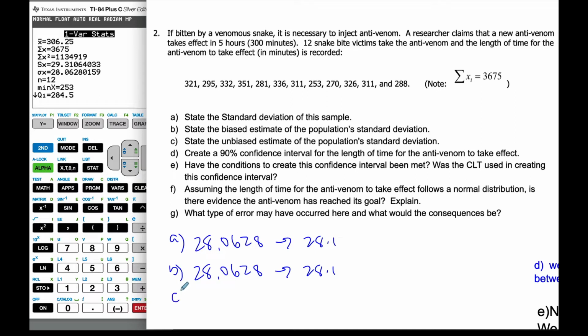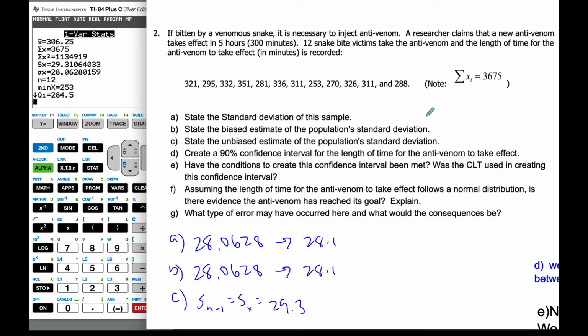If I now want to find the unbiased estimate of the population standard deviation, well, that is Sn sub 1, which on my calculator is S sub x, which is 29.3 to 3 significant figures. This value here is the unbiased estimate of the population standard deviation. And just to confirm, I've used 12 values here.